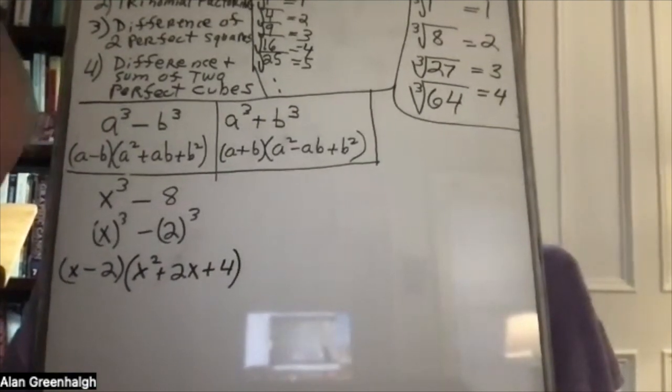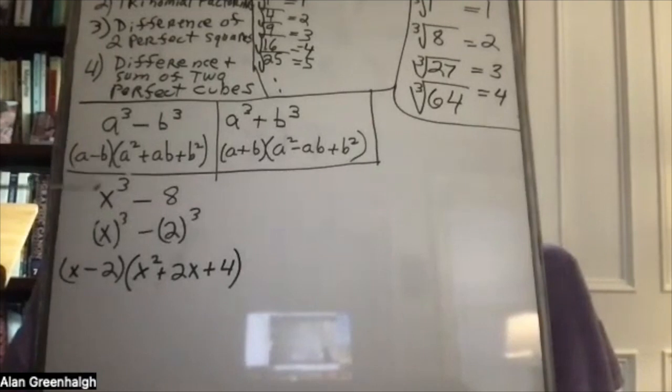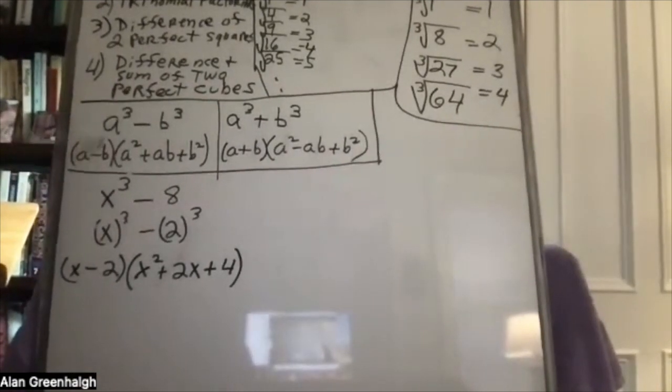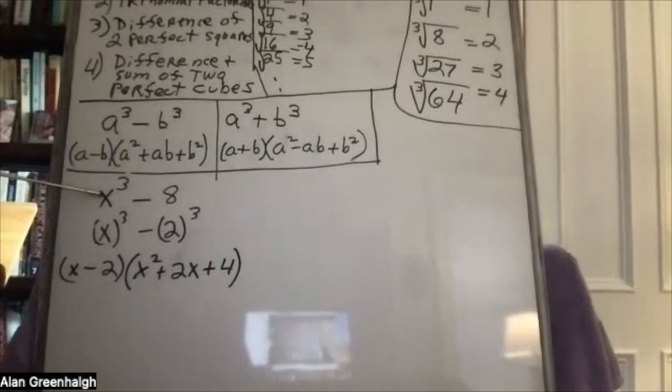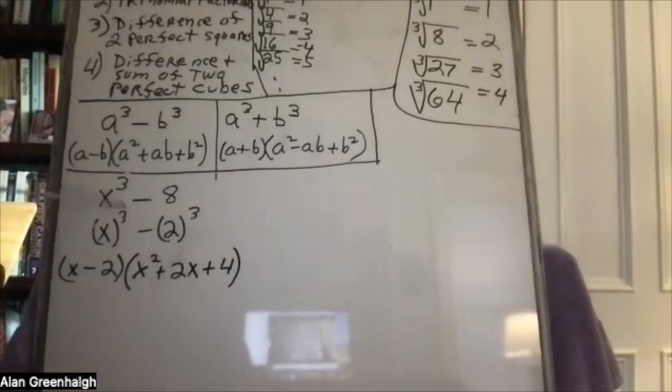So once again, here's the formula. Keep the formula in mind. We take this difference of two perfect cubes, write it this way. X to the third, 2 to the third. Take out the x minus 2, just as this tells us. This tells us take out a minus b, but a is equal to x and b is equal to 2, therefore it's x minus 2.